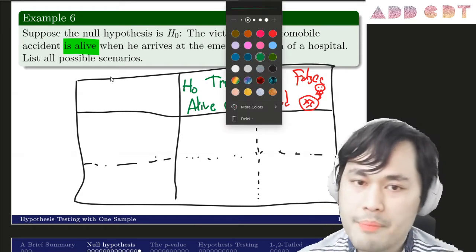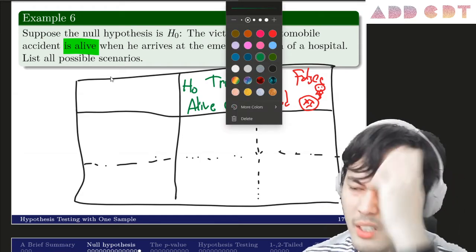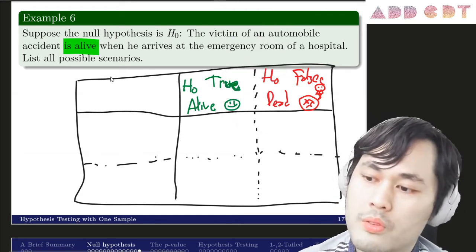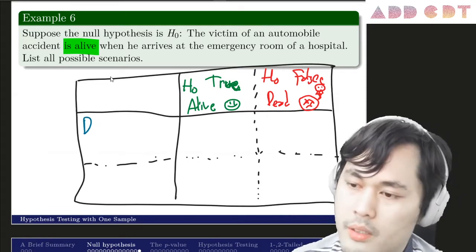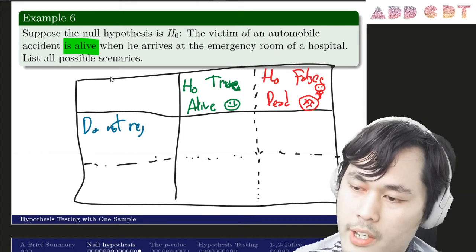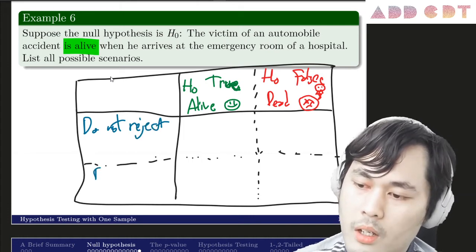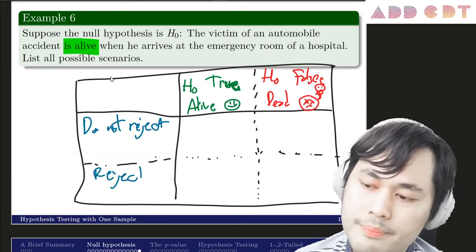Maybe you can test, but you are not sure about the result, right? So you can only make two decisions: you do not reject, or you reject that idea.